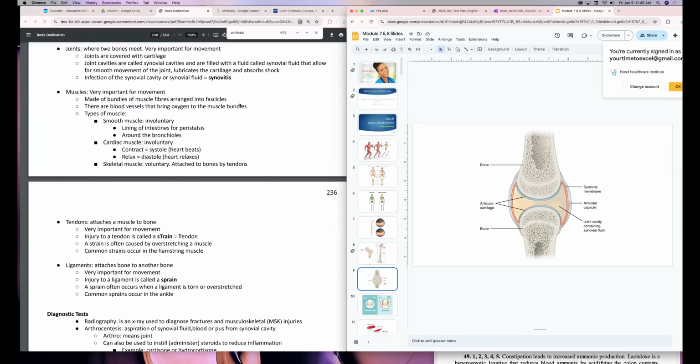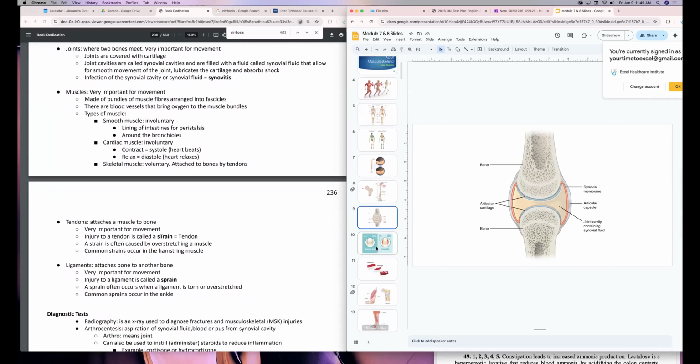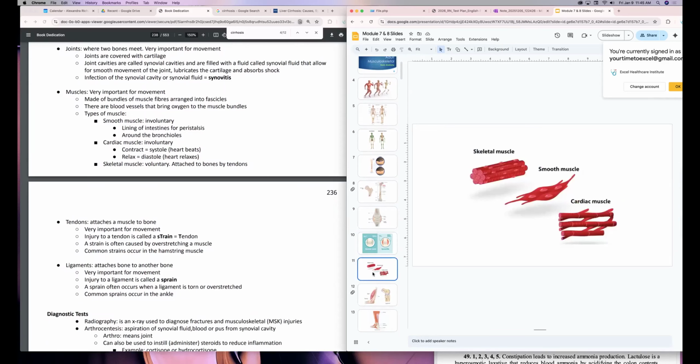Next up is muscle. Muscles are very important for movement, and they are made up of bundles of muscle fibers arranged into fascicles.